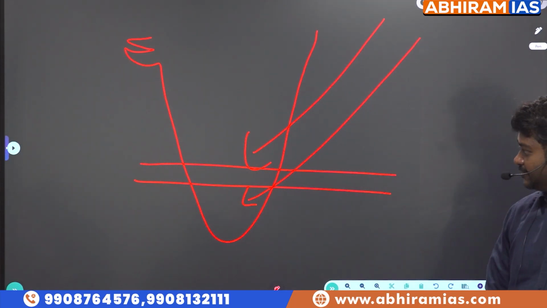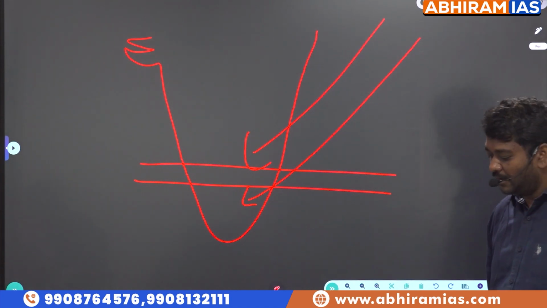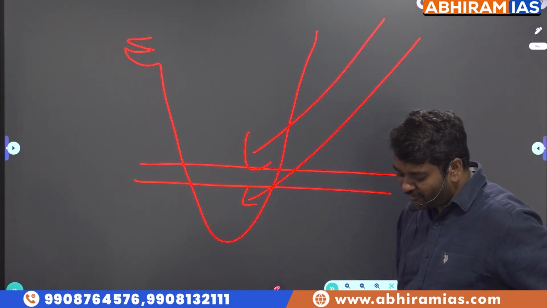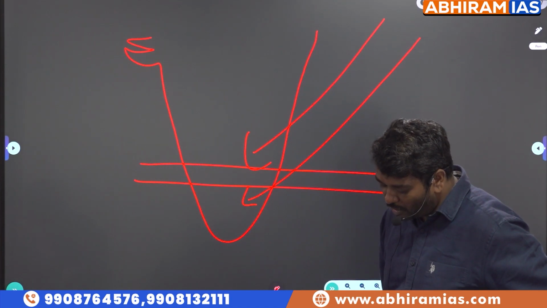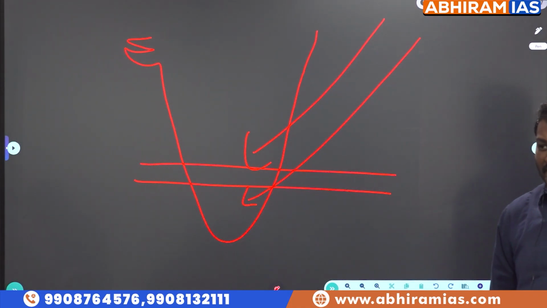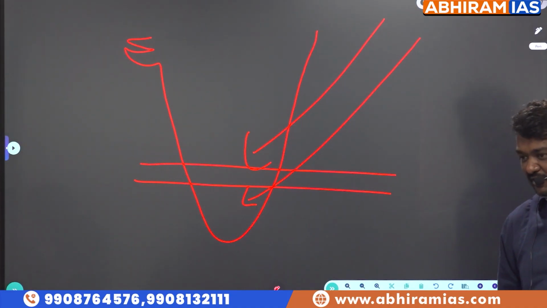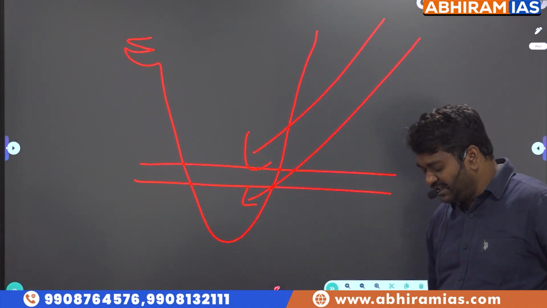Some branches blow over Bay of Bengal and give rainfall in east coast.